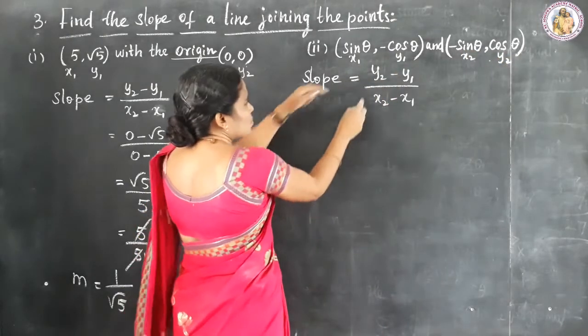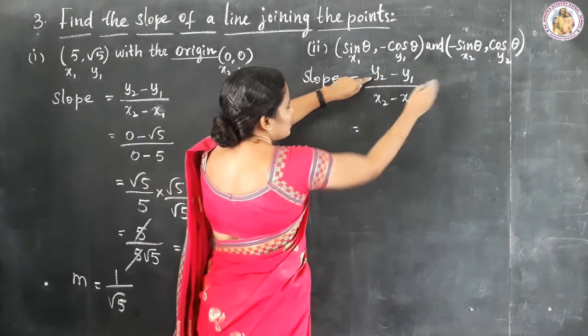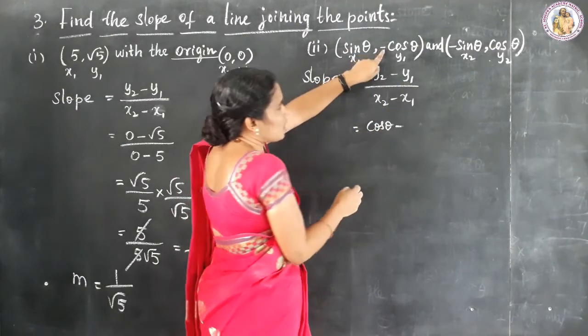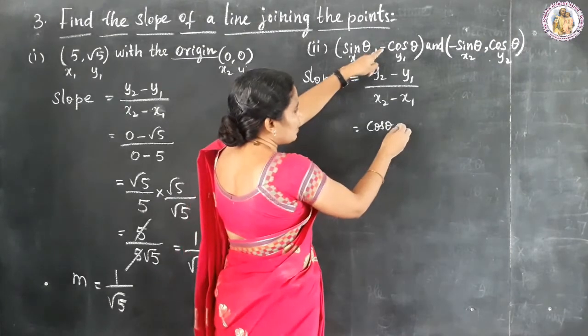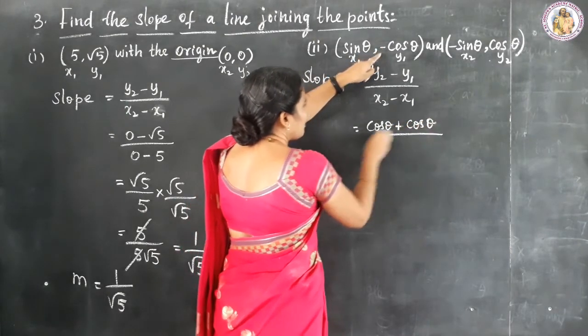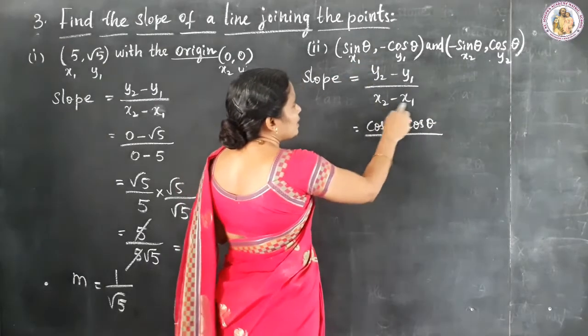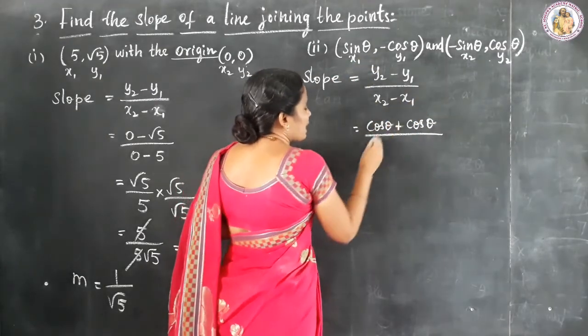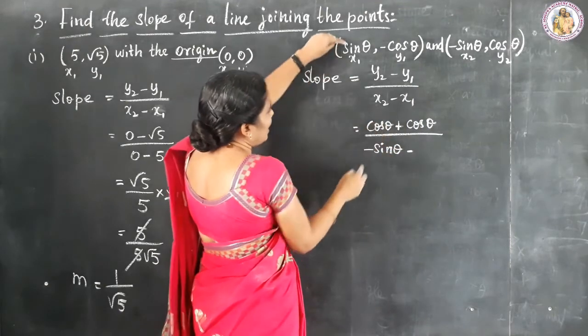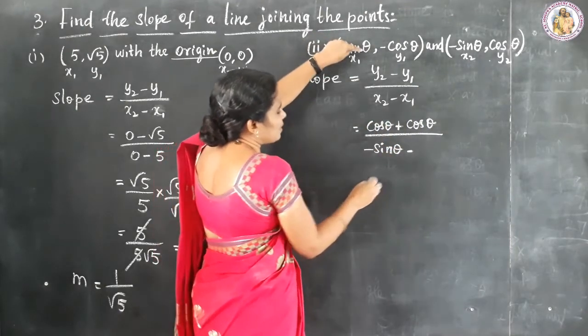So y2 minus y1: y2 is cos theta, minus y1, which is minus cos theta. The minus sign makes it plus, so plus cos theta, divided by x2 minus x1, where x2 is minus sin theta, minus x1, which is sin theta.